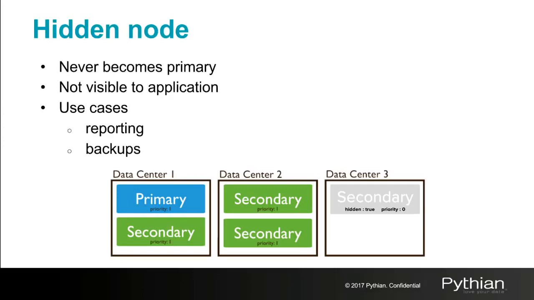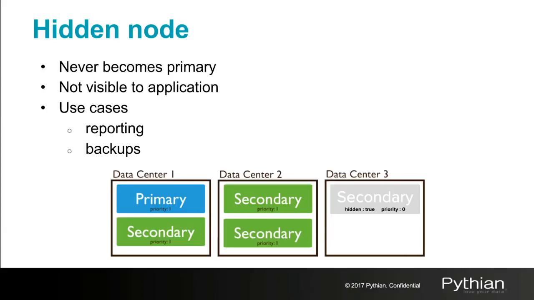Similar to a priority 0 node, there is an option to set a hidden node, but this is a little different. While a priority 0 node will be visible to the driver and the applications can direct traffic to it, hidden nodes are not visible to the driver, and by that our application cannot see the copy of the data.